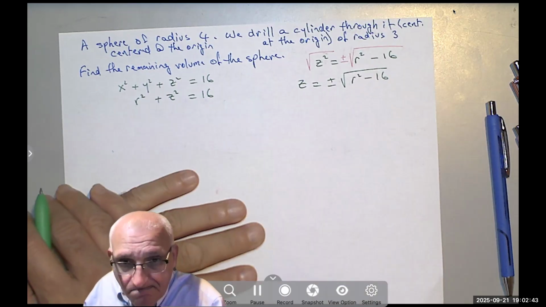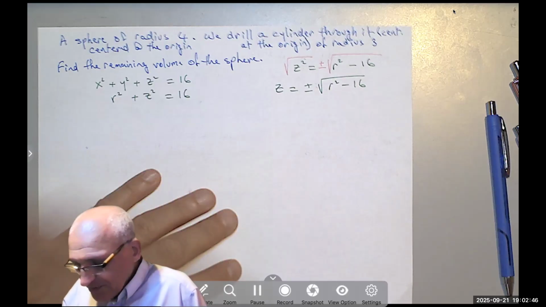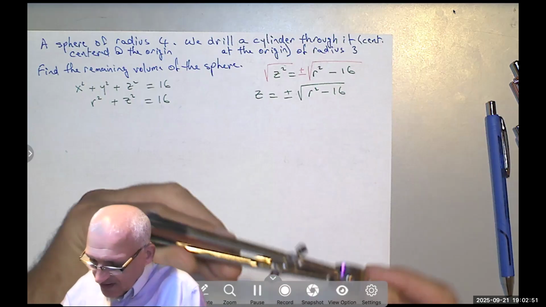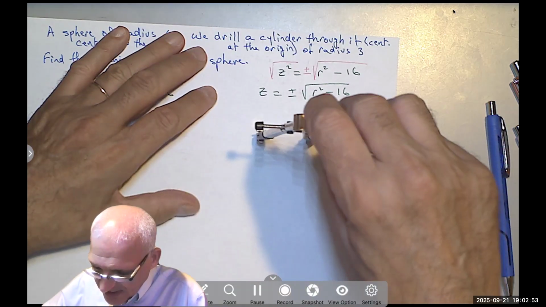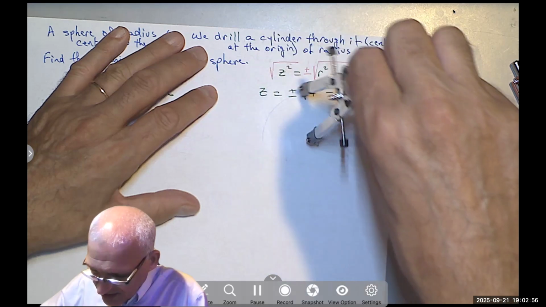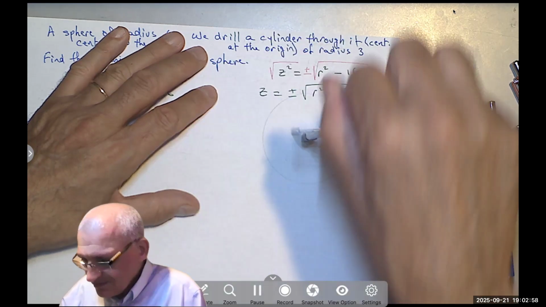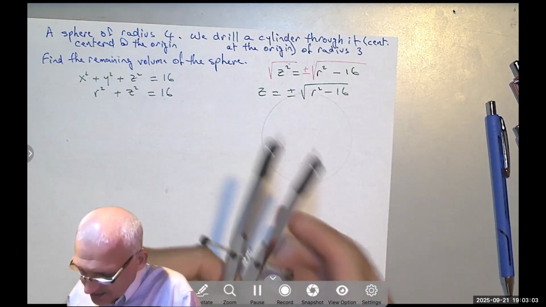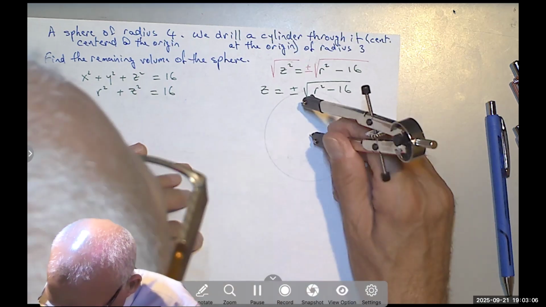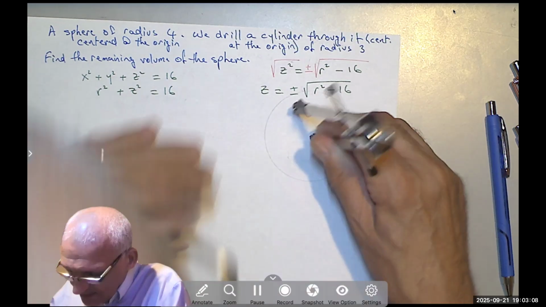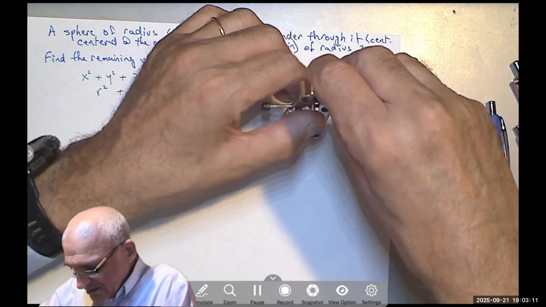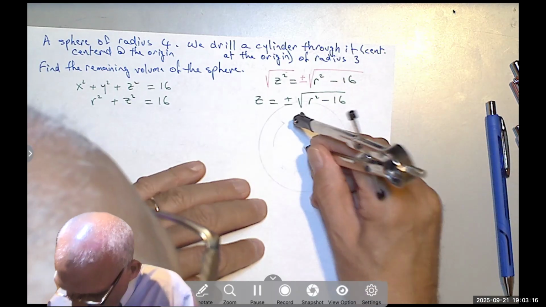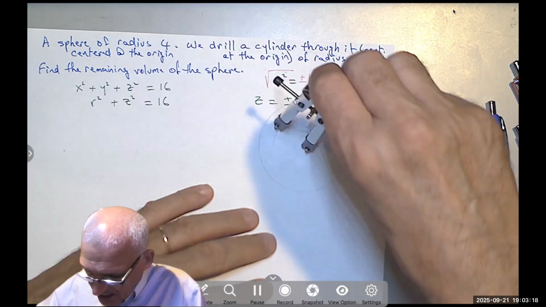Okay. Now, if I look from the top to see what's going on, I will have a radius or a hemisphere. They are concentric, right?